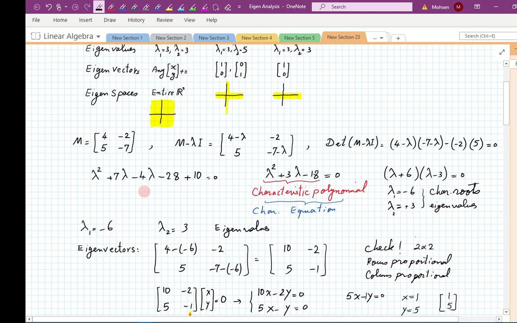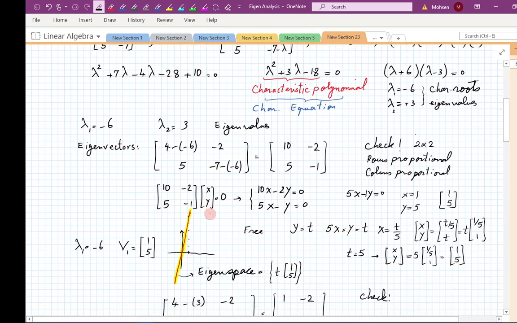You start with the smaller one, plug it into your equation, clean up. Here's your check: your rows and columns should be proportional. Then you find the null vector of that. That is, what should I multiply it with so that I get 0? You get a so-called homogeneous system. These are baby ones, so you solve it by inspection and make sure you did it right. So for your eigenvalue, you find an eigenvector.